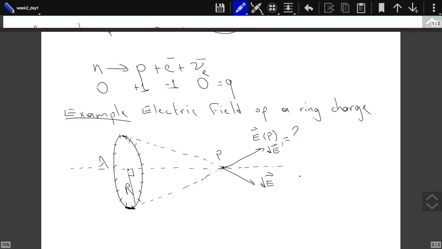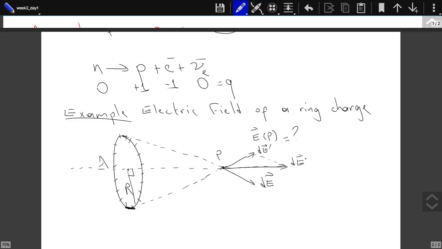Just like in the example of an infinite wire, if you remember, if we are looking for the electric field at this point, if we take one segment over here, there was a symmetrical segment on the other side, and the sum was the sum of the electric fields created by both of them. It was horizontal. The vertical components just cancel. It's exactly the same phenomenon here.